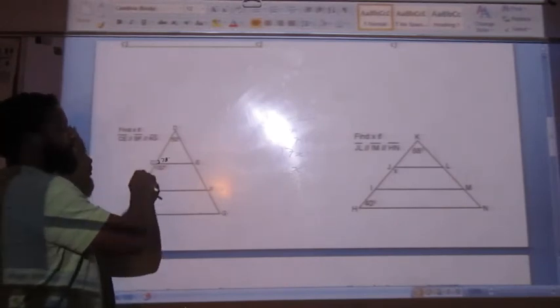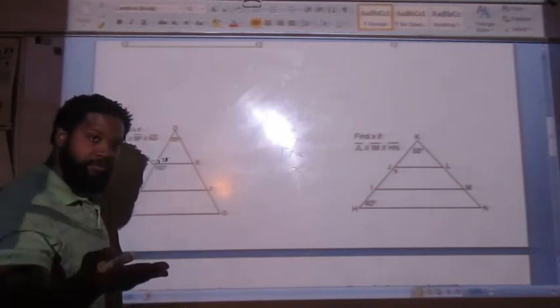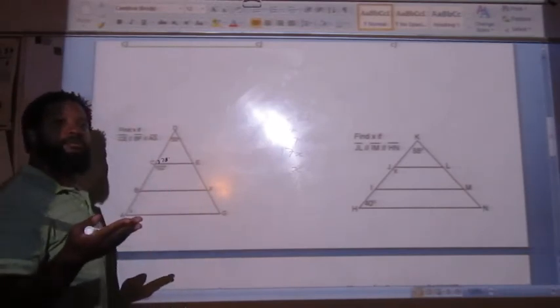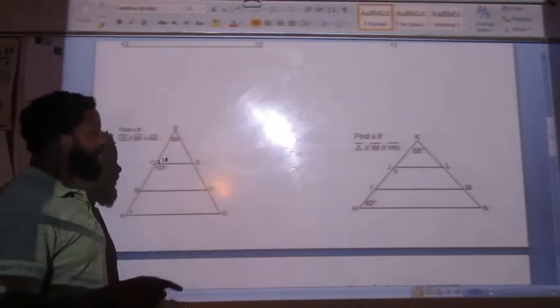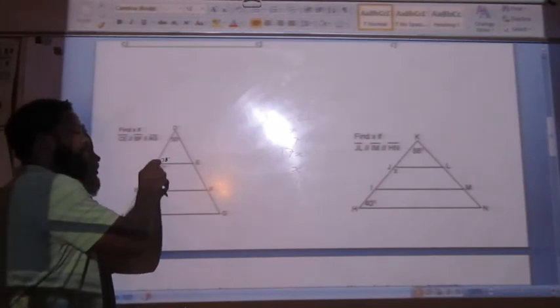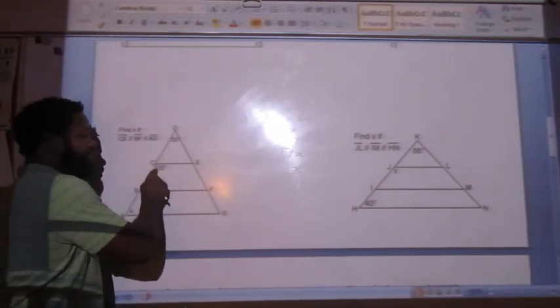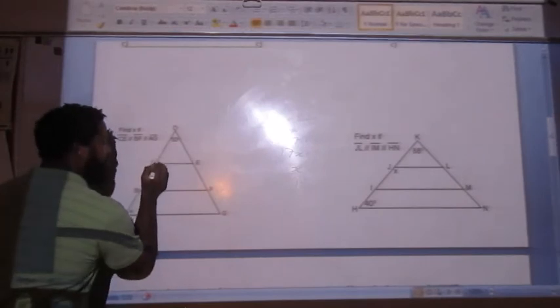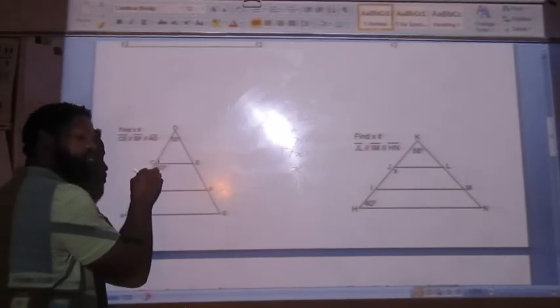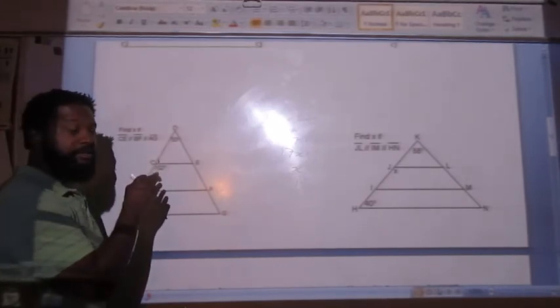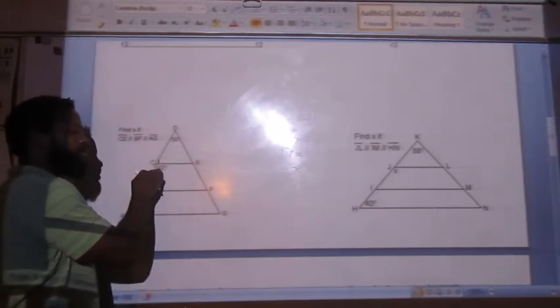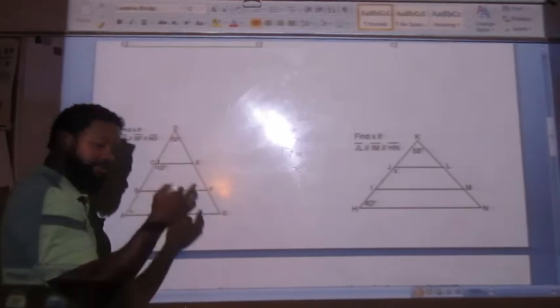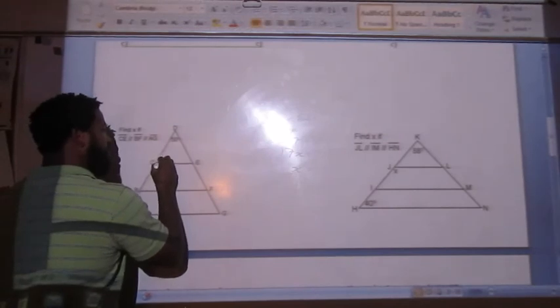A straight line is equal to how much? 180, right? So therefore, this angle plus this 102 is equal to 180. What's 180 minus 102? 78.